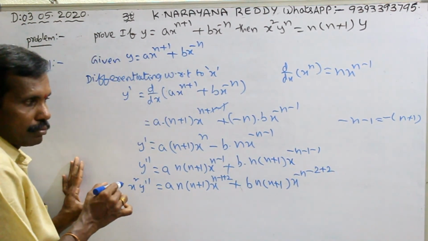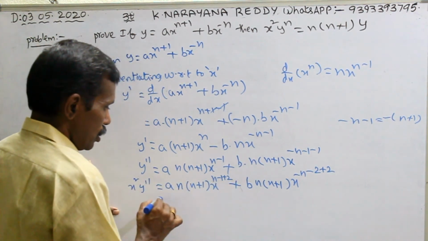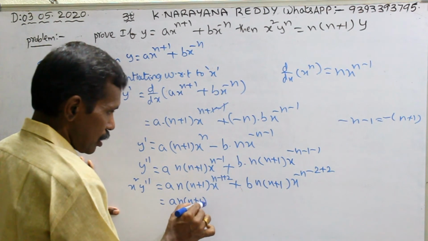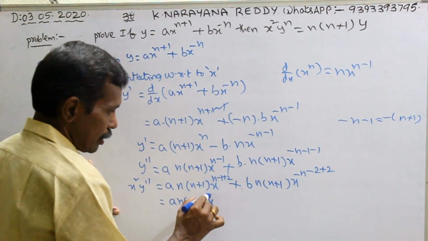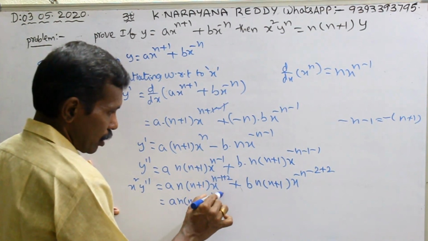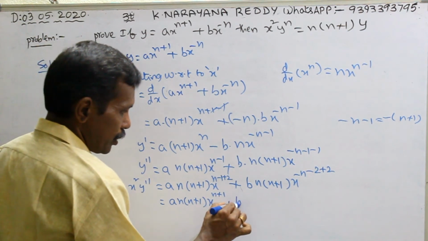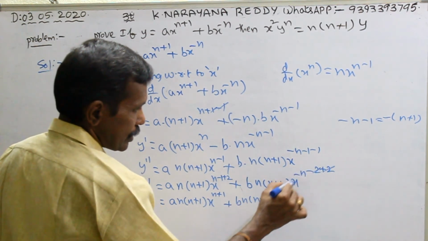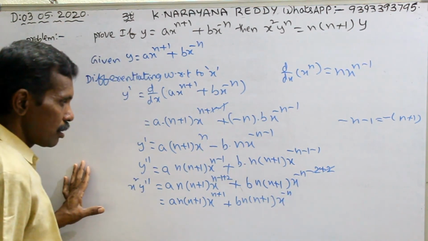So a into n into n plus 1 x to the power of n plus 1, plus b into n into n plus 1 x to the power of minus n. Okay.